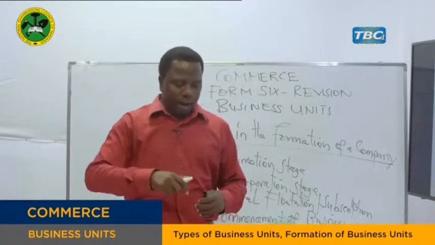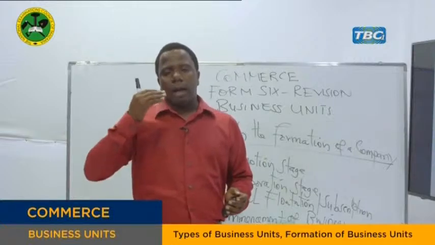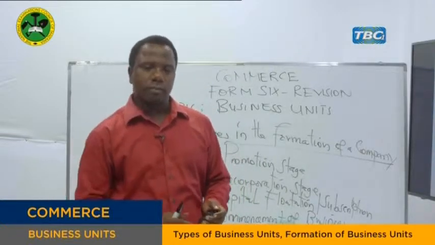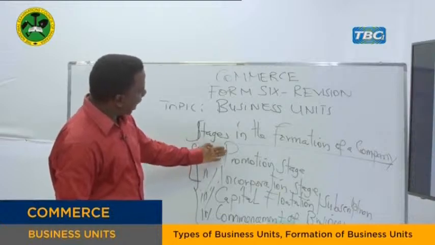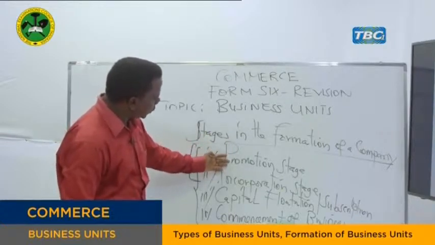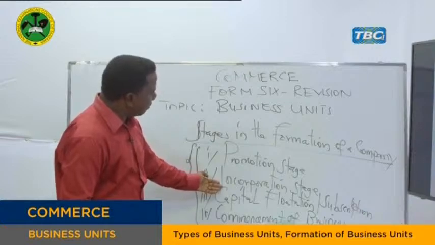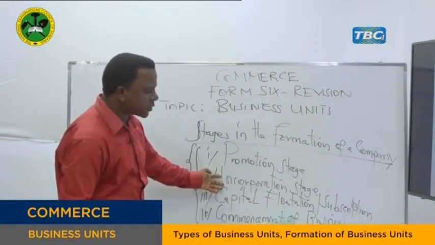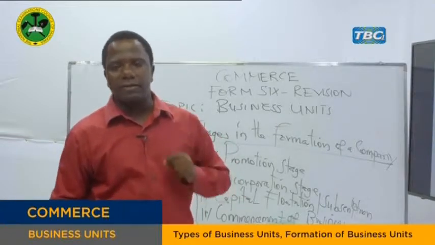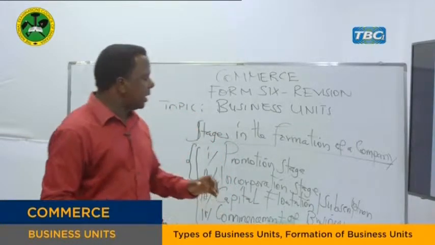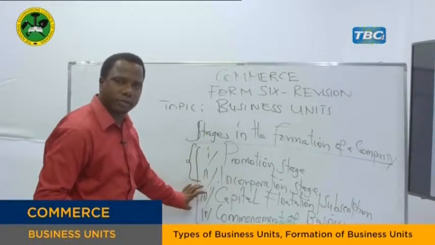The point to remember here is that under private companies, once they have passed the promotion stage, then when they come to stage number two, incorporation stage, they may start business. But public companies should pass through all these four stages.